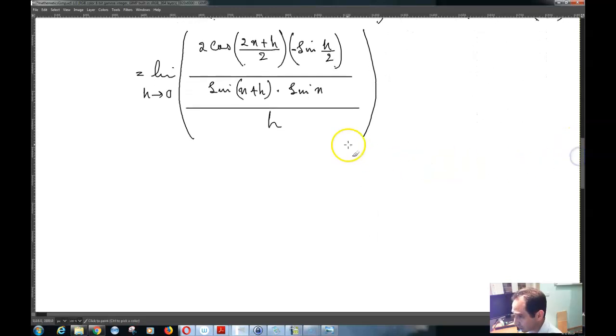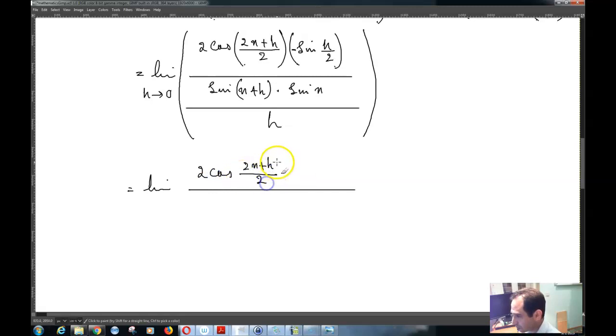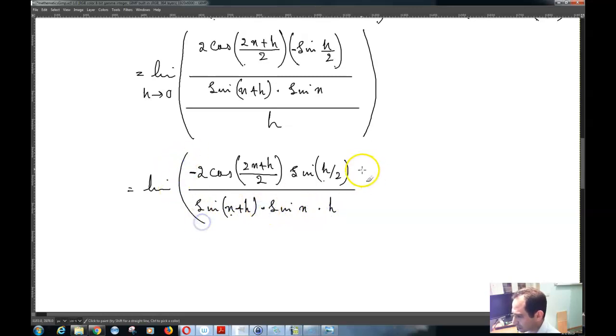And then you can write this as the limit of 2 times cos 2x plus h divided by 2, and the negative I can take out, sine h divided by 2 divided by sine of x plus h times sine of x times h as h tends to 0.